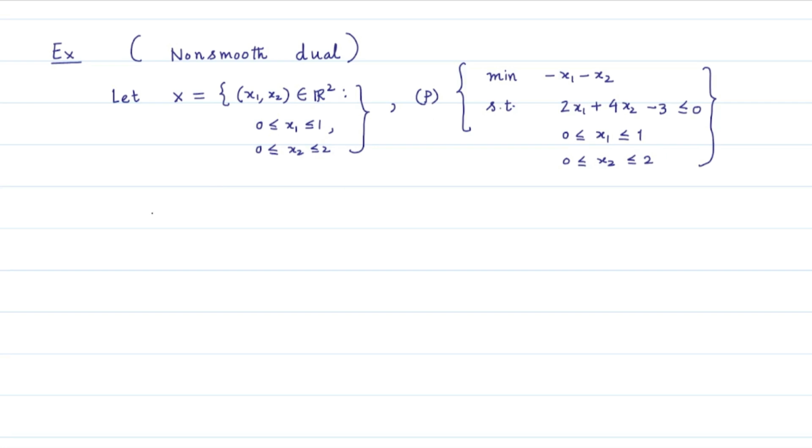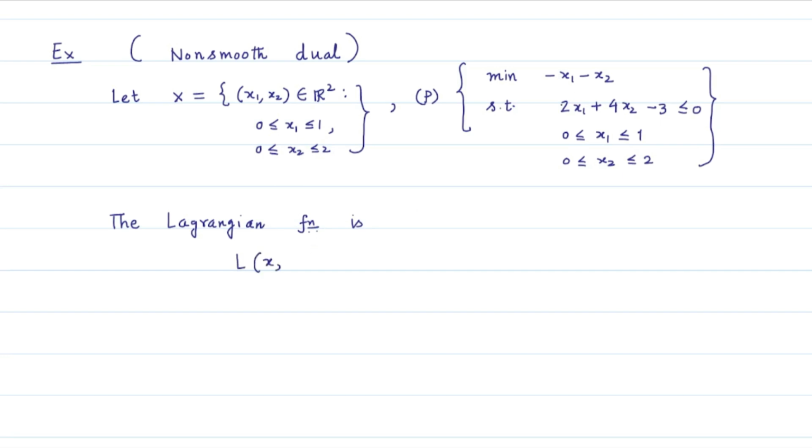To find the dual problem, at first let us consider the Lagrange function, the Lagrangian function for this primal problem with respect to this set capital X. The Lagrangian function is given by L(x, lambda).